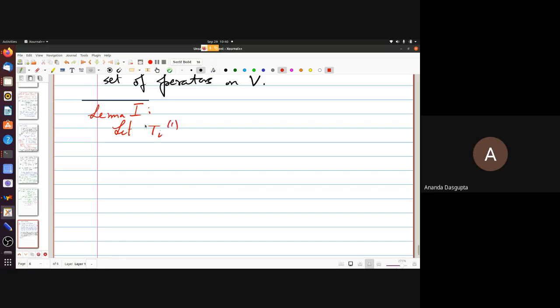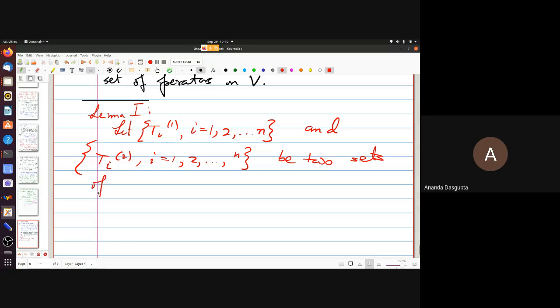Let Ti1, i equal to 1, 2, ..., n, and Ti2, again i going from 1 to n, be two sets of irreducible operators on vector spaces V1 and V2 respectively.